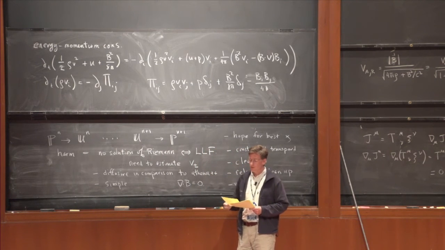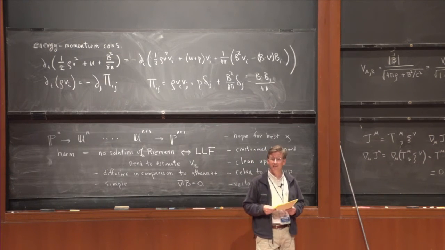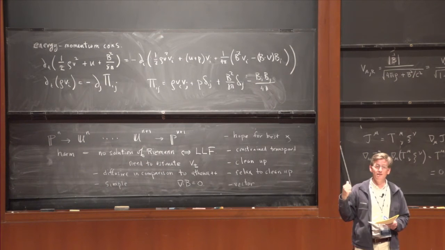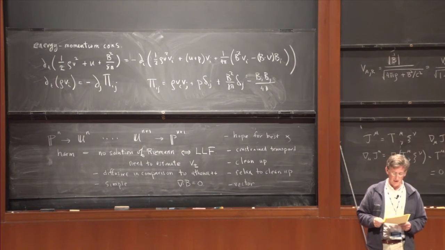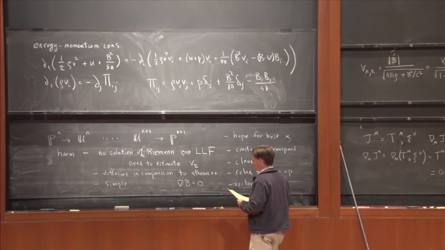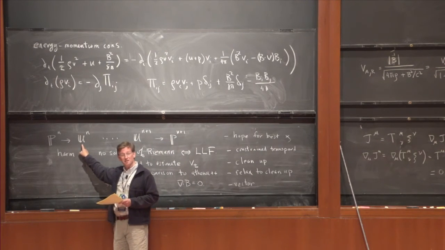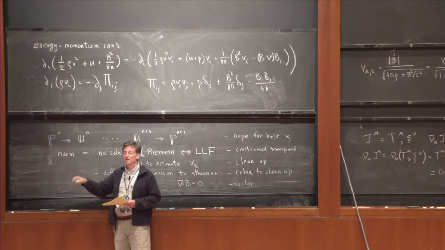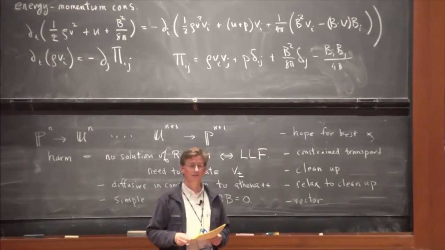Okay, so a couple of notes on dirty little secrets. One problem that's common to relativistic MHD and non-relativistic MHD is that sometimes the evolution takes these conserved variables to non-physical values. So for example, the conserved density may become negative.